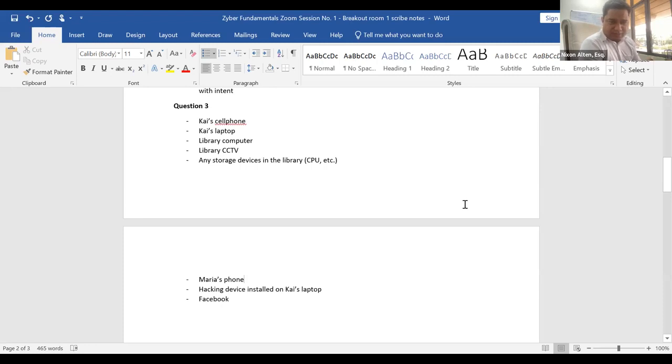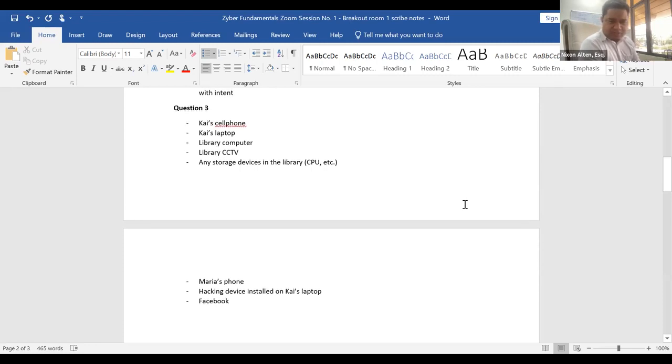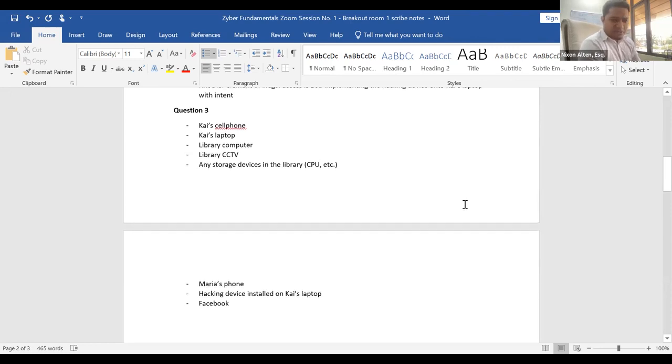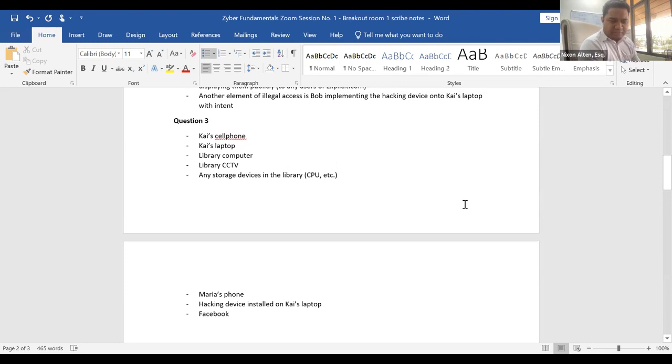Yes, and physical devices, we do not limit to include the CPU, which will have the storage of downloaded photos, and also not forgetting the library CCTV, which will show who enters, especially since we're looking at Bob, whether he entered the library that particular day.